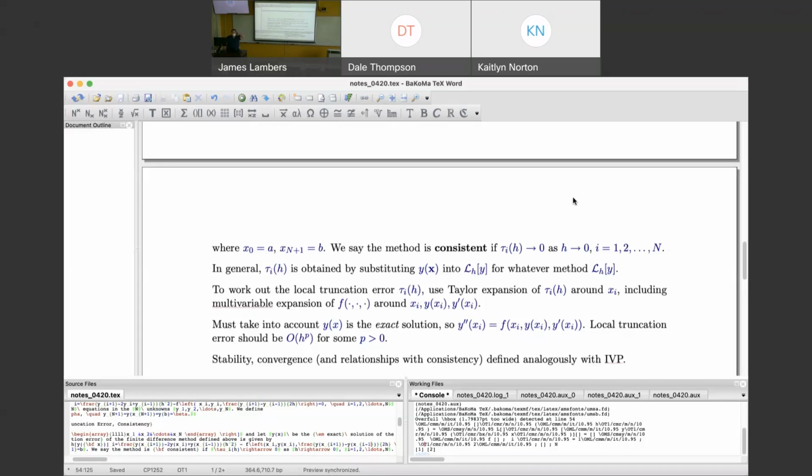Here we have an analogous definition: the numerical method is stable if the difference between any two computed solutions can be bounded in terms of the difference between their boundary data.